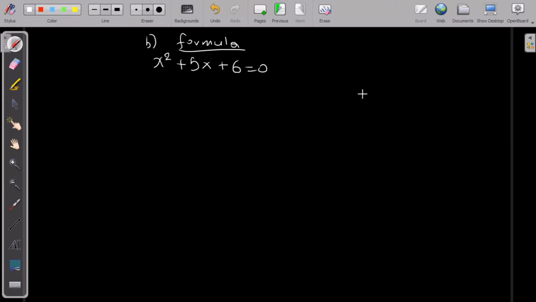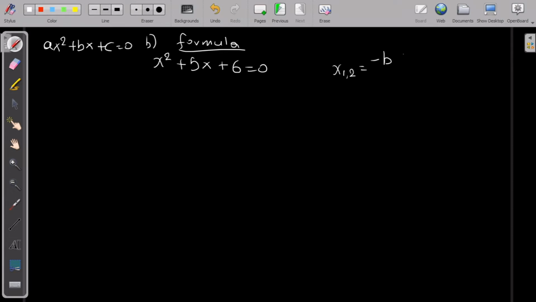How will I solve it? I will use the formula. What's the formula? The formula is x1,2, the first solution and the second, equals minus b. Again, a quadratic is written like this, the general form of a quadratic equation. So a is the coefficient of x squared, b the coefficient of x.